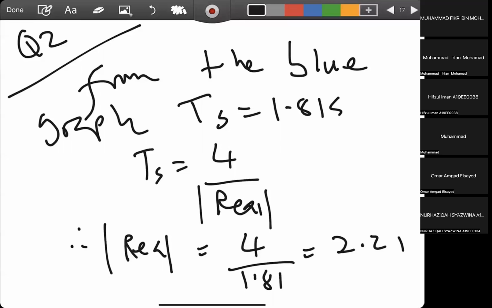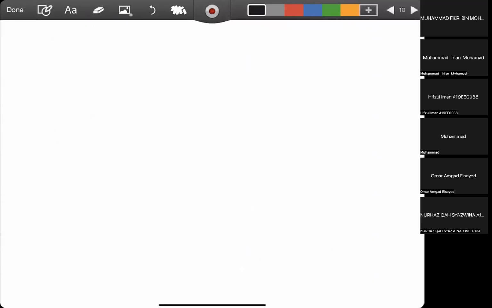So this real part, zeta omega n, is equal to 2.21, which is the real part.